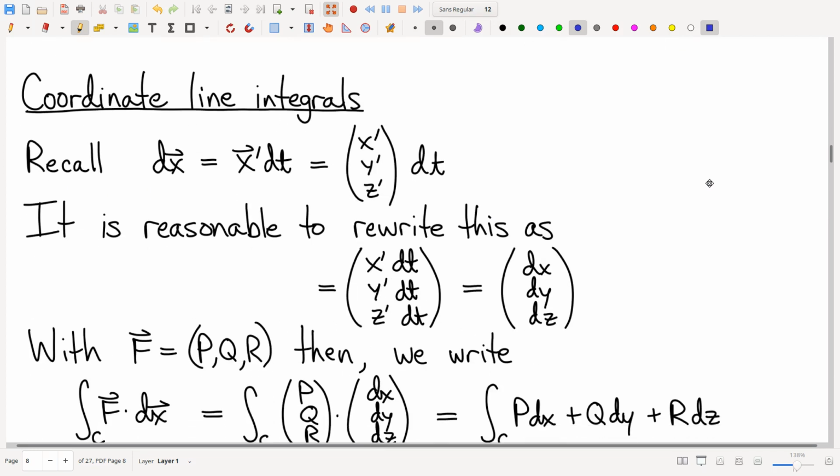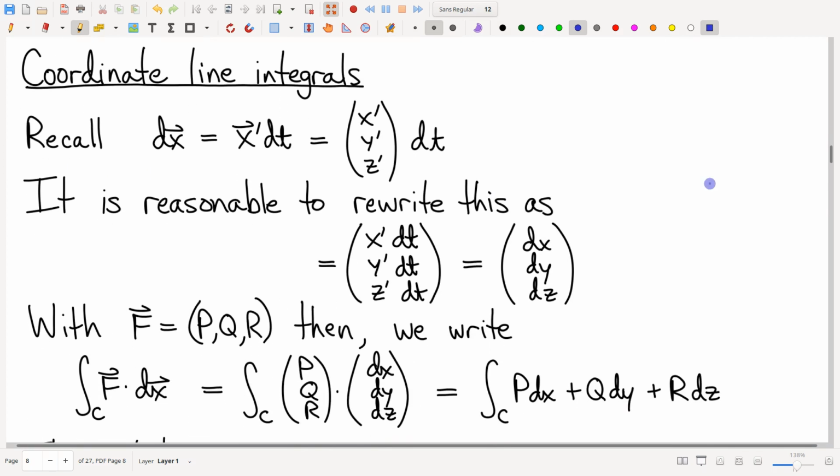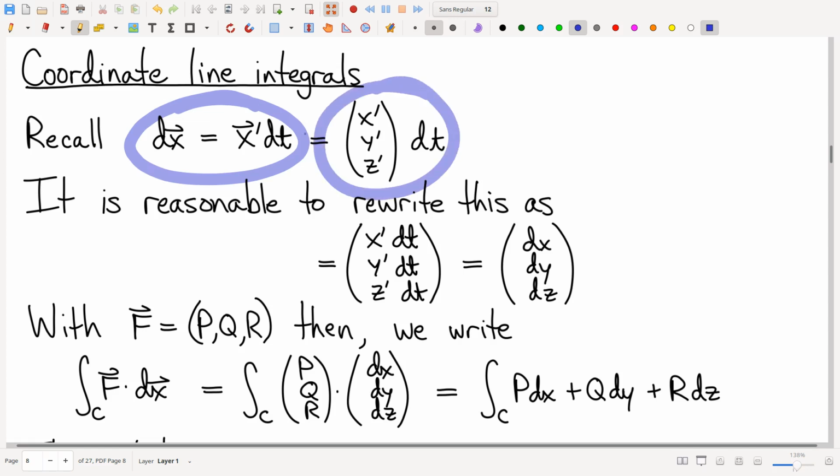Next, this is largely a cultural thing, and it's stuff that's got to get said. We know from long ago that we have this thing called dx that, among other things, we know is x prime dt. So I'm just going to make the observation, look, you could just write that out in coordinates. And you could multiply that out by coordinates.